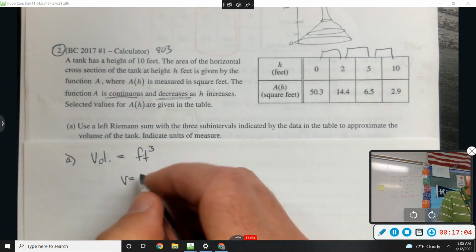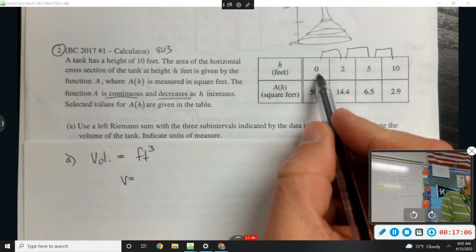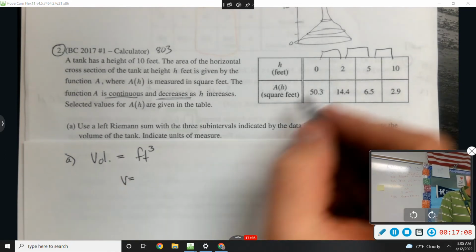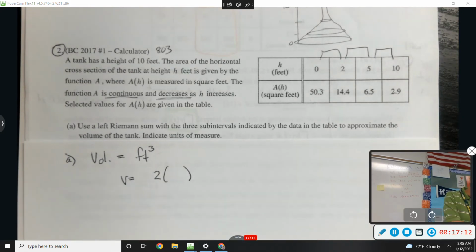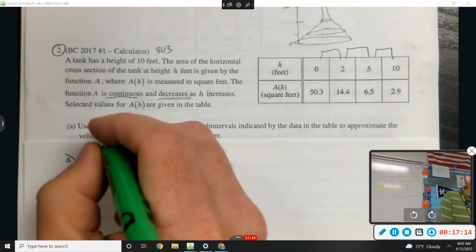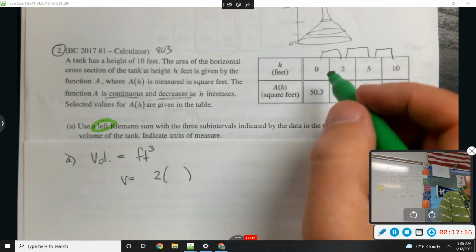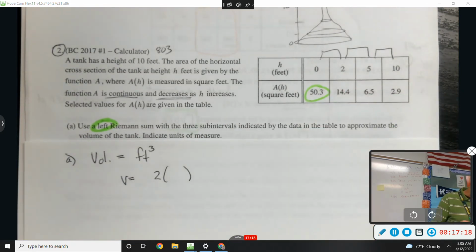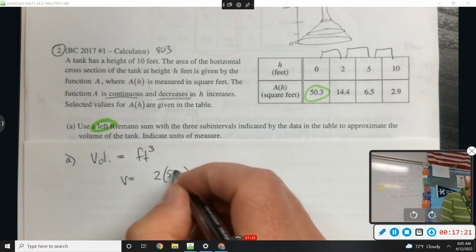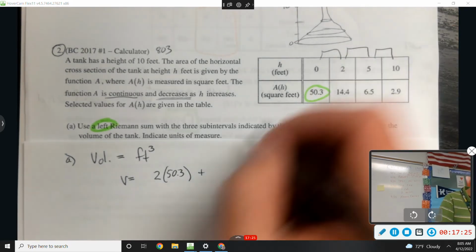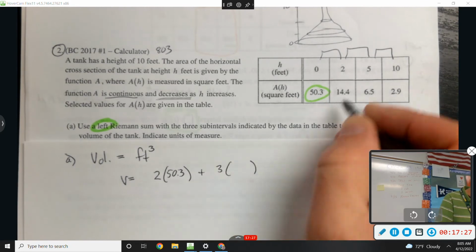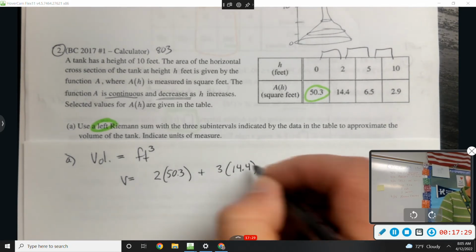All right, so volume is going to be the area times the height. The first width is 2, but we're using a left Riemann sum, so I'll use 50.3. Our next width is 3, and we'll use 14.4, the left-hand side.